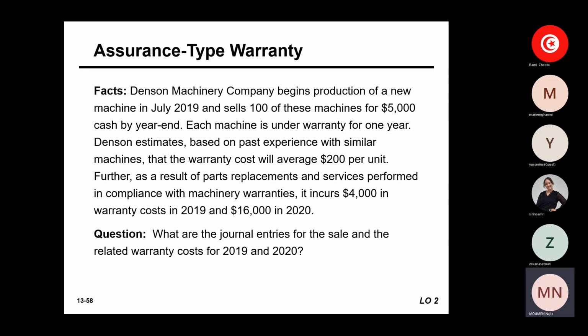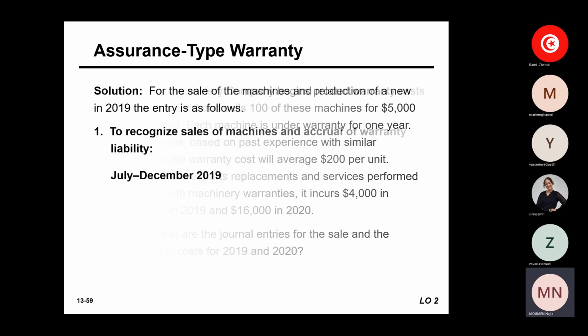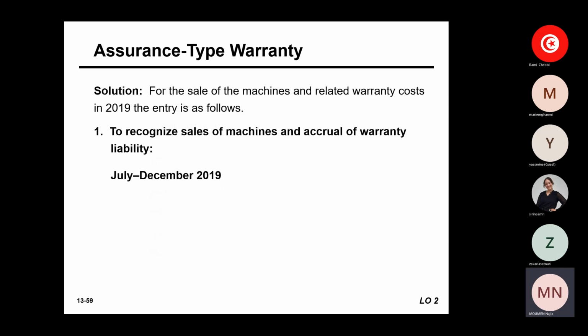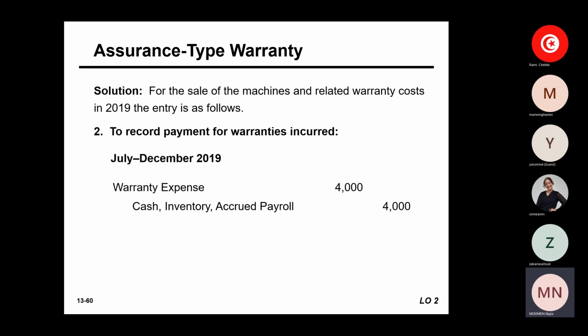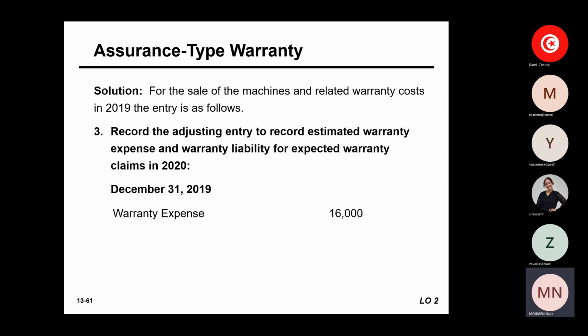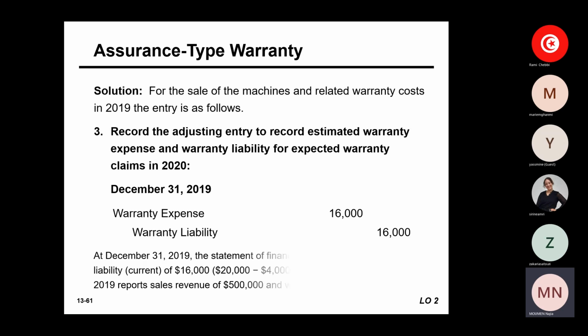Because this is the first thing, this is the assurance type warranty, and the warranty liability is actually part of the selling price. So we should first of all accrue the payment or the incurrence of cost of warranty during 2019. This is what was done here. Still we have an estimation of 20,000, so still we have 16,000 that will be remaining for the next year. So as a journal adjusting entry here, we just adjust for the expected warranty by recording warranty liability.